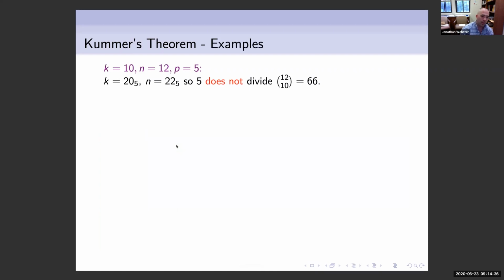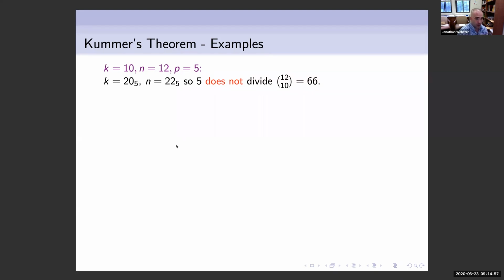And so here's an example. It'll be a running example with k equals 10. If k equals 10, and we want to look at n, we want to know if 12 choose 10 is divisible by 5. Kummer's theorem says in base 5 representation, 10 looks like 2, 0, and 12 looks like 2, 2.